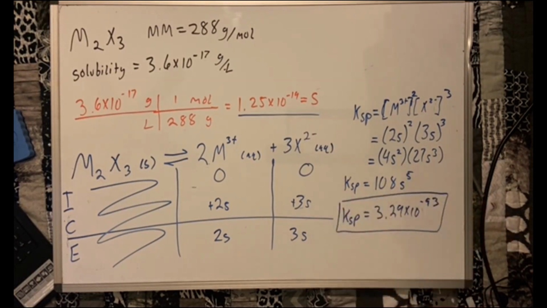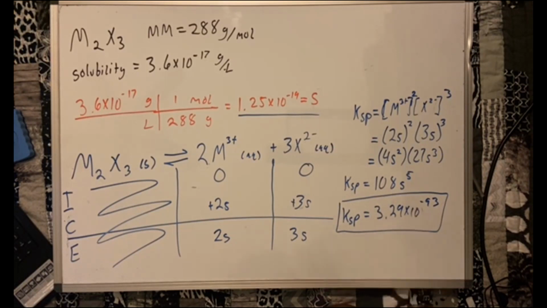Did you do the 108 times the 1.25 times 10 to the negative 19 first and then raise it to the 5th? The 5th is just for the s part. So I did 1.25 times 10 to the negative 19 to the 5th, and then multiplied by 108. Correct.